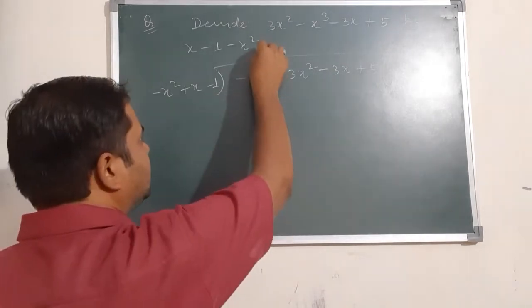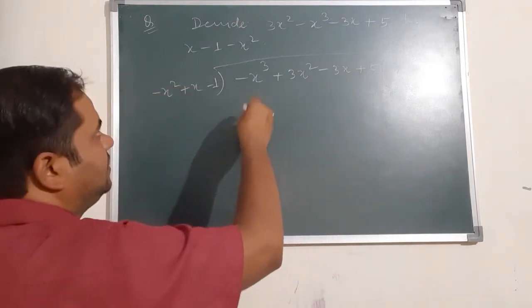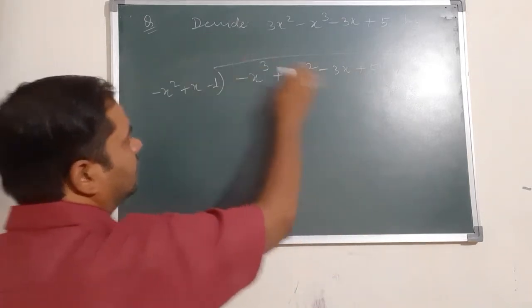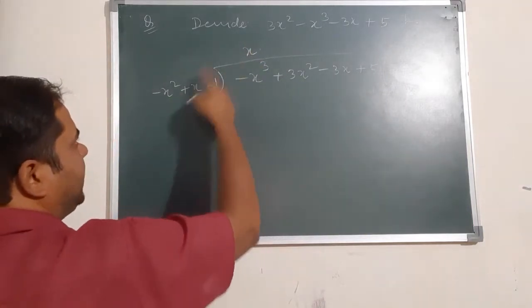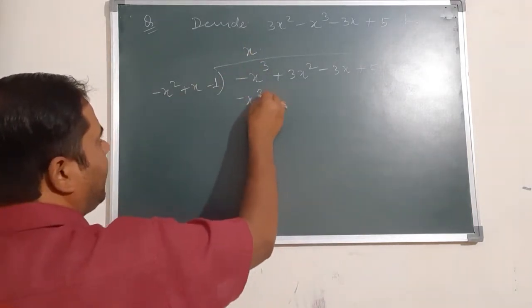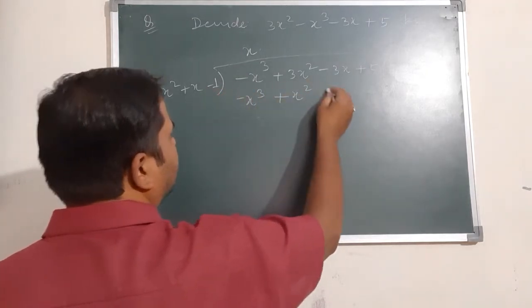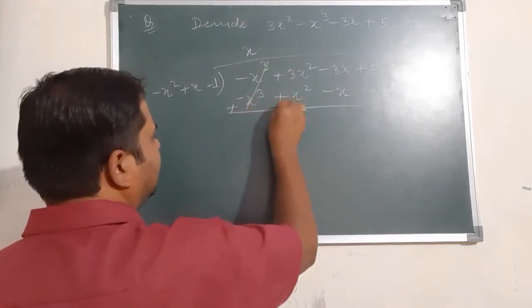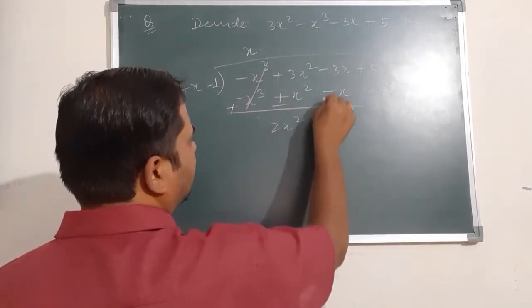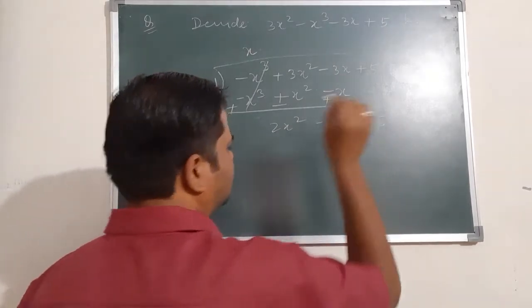If you multiply by x, I write here x, then this is minus x cube plus x square minus x, and now change the sign: 2x square, change the sign, minus 2x plus 5.